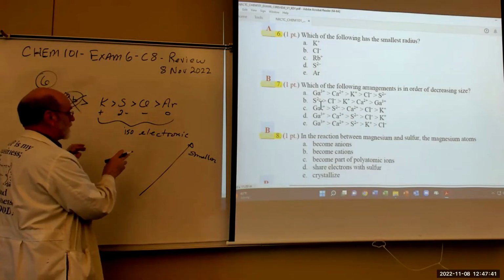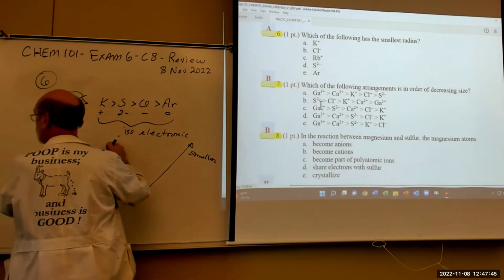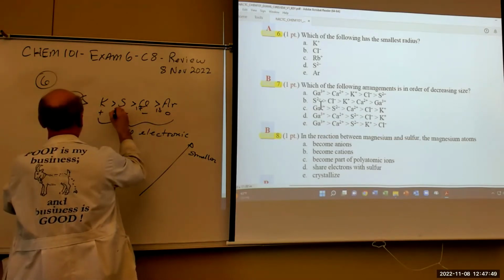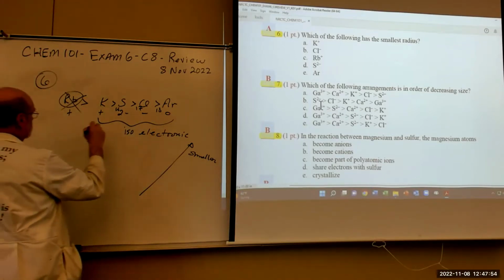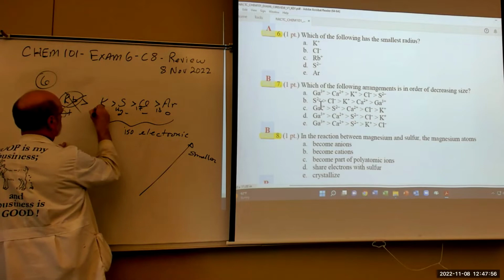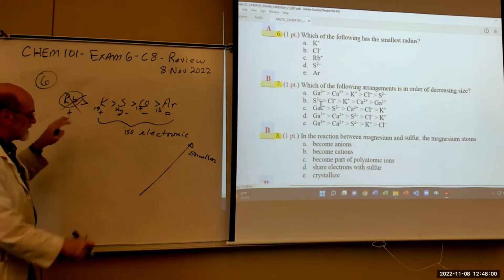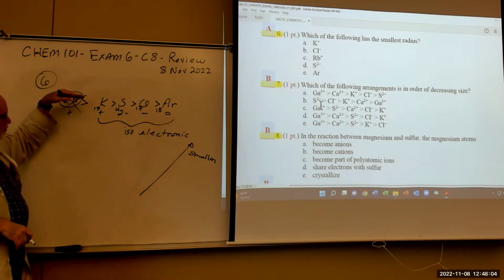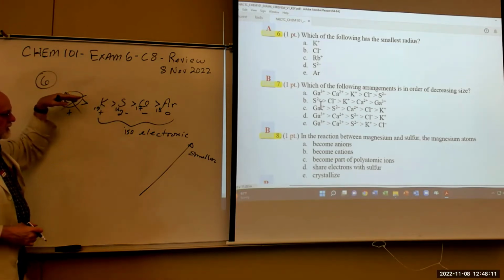If they're isoelectronic, that means they still have different numbers of protons, right? Argon is 18, 17, 16, and potassium is 19. So look at what's happening. We've established the electronic structure is all the same for these.